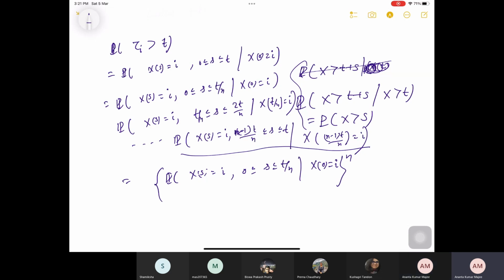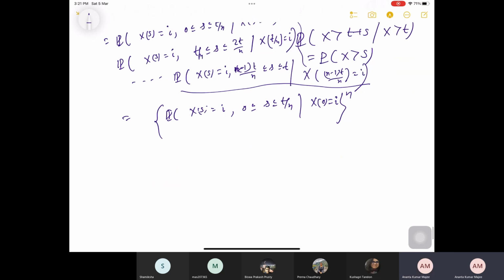Okay. So what we have, the probability that tau i is greater than t, I can think of as the limit as n goes to infinity.